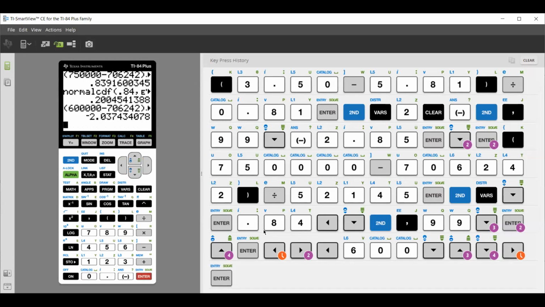I have a negative 2.04 if I round. Okay. Wait, what? I got negative 2.04 for my z-score for 600,000.